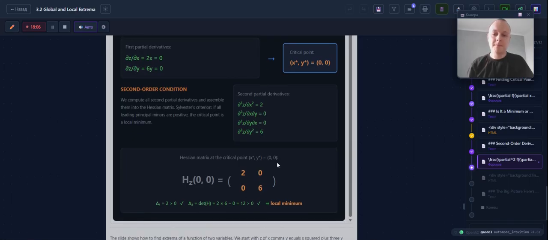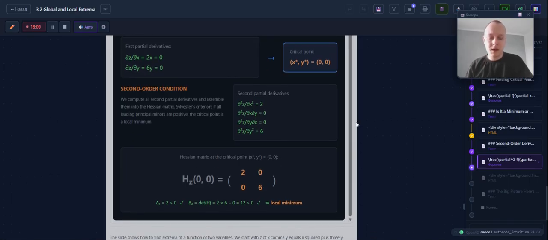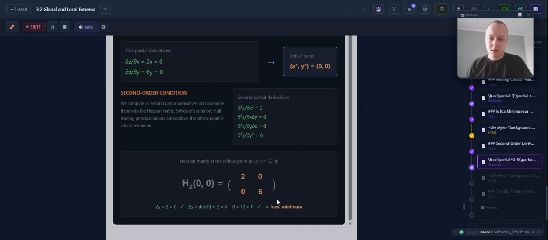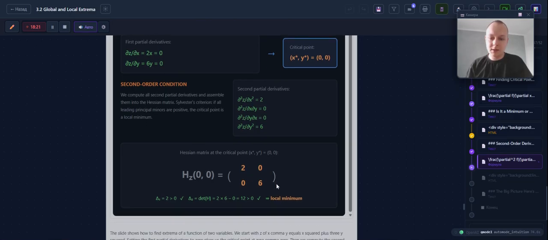I actually don't understand this yet. We got this Hessian matrix at the critical point 0 and 0, and somehow this matrix tells us that this is a local minimum. So our function is smiling at this point.